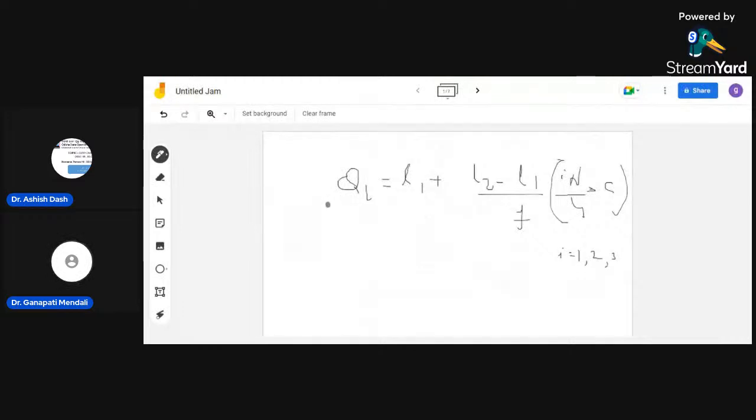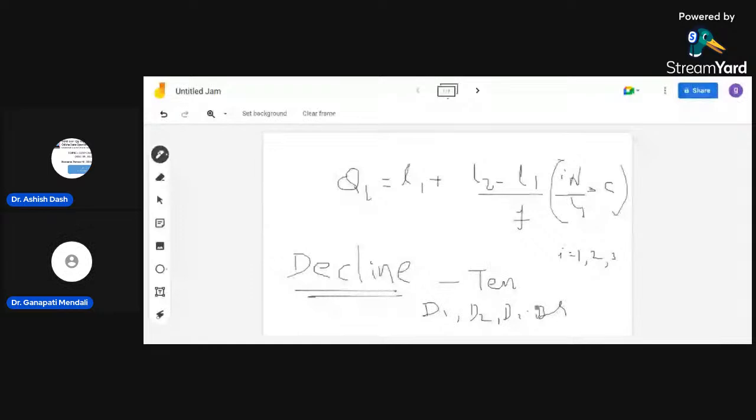Now, besides the quartile, there is another concept, the decile. Decile means we can divide our entire data into 10 equal parts, like d1, d2, d3, up to d9. The formula will remain the same.